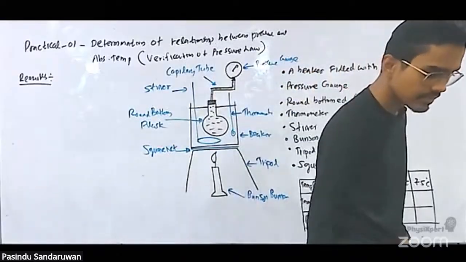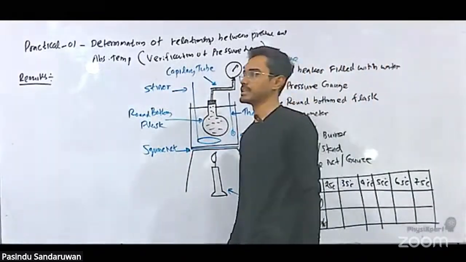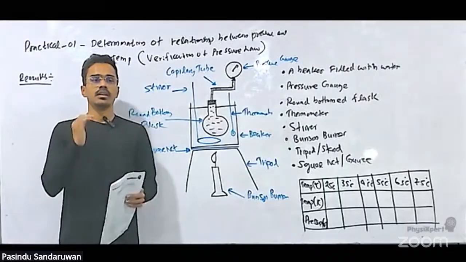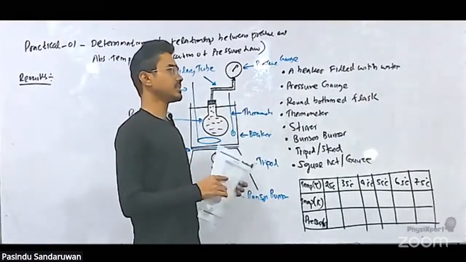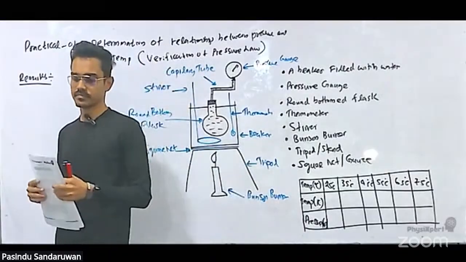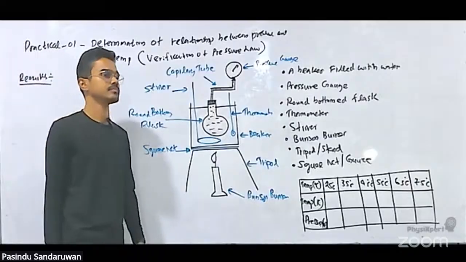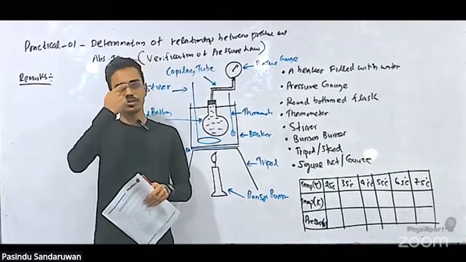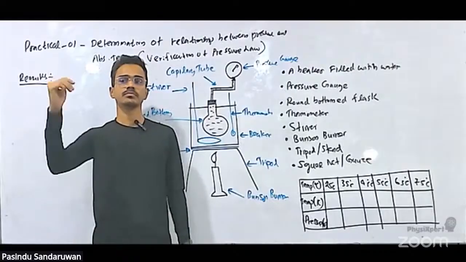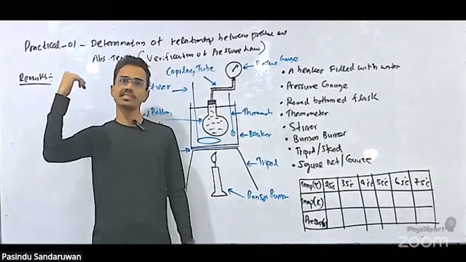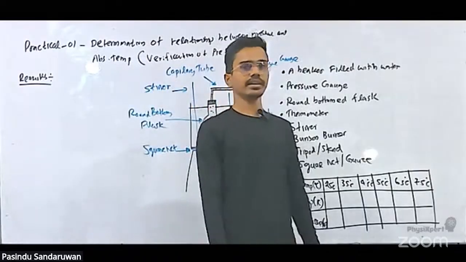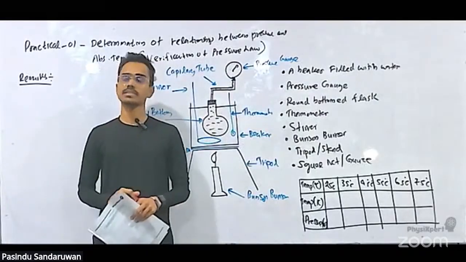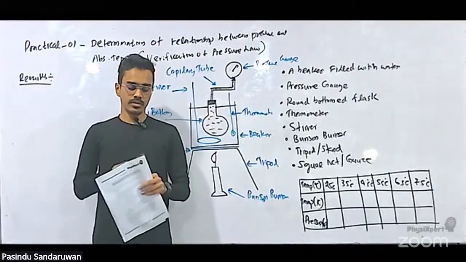When a reading is taken at a certain temperature, it should be heated around 2 degrees Celsius above the expected reading.